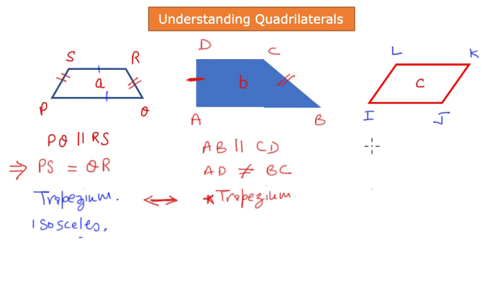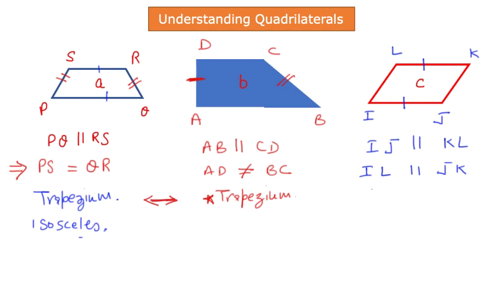Now let us take a look at shape C. I can say that line segment IJ is parallel to line segment KL, and likewise that line segment IL is parallel to line segment JK. And there is one more condition: the opposite sides are equal to each other.